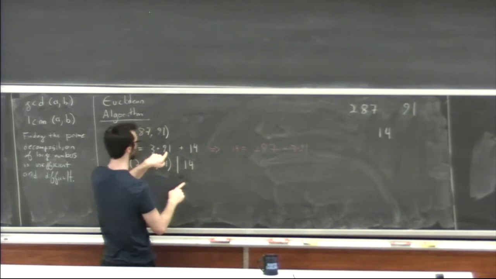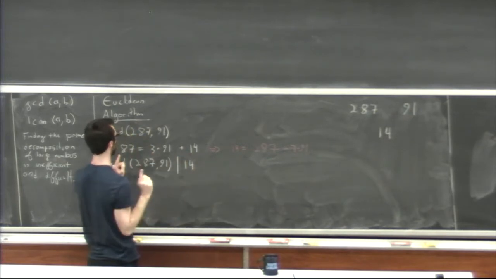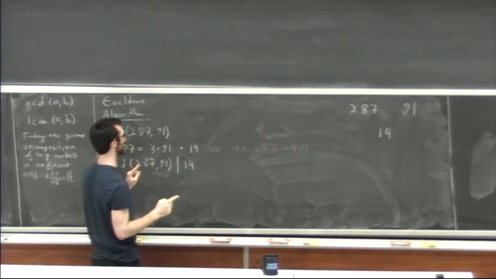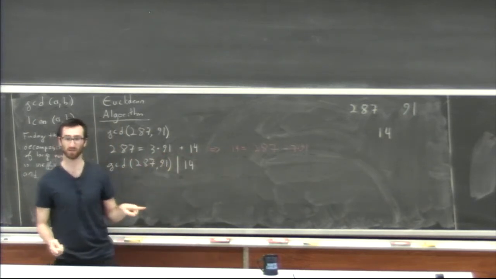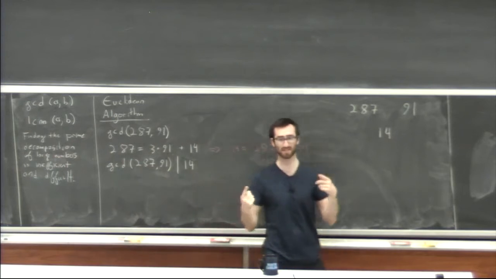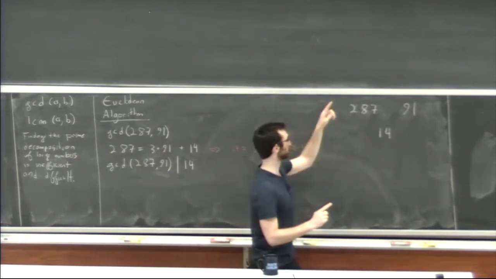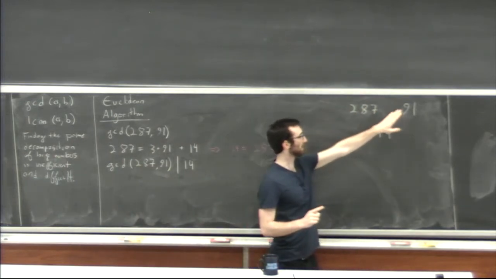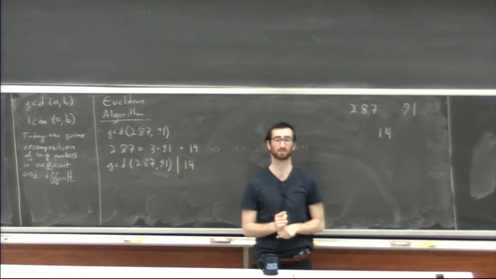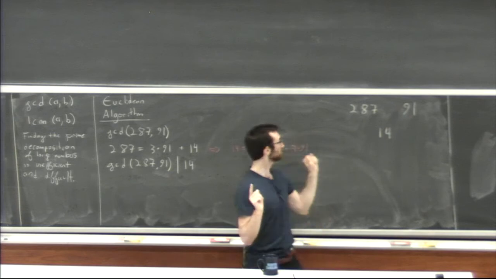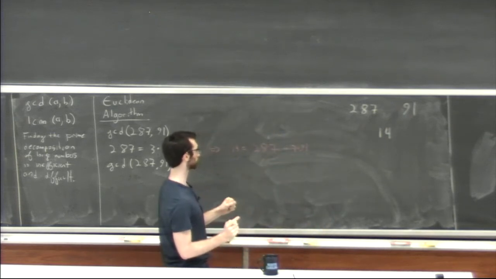Any number that divides 91 and 14 has to divide 287. And any number that divides 14 and 287 has to divide 91. So even though we thought of our GCD as being between two numbers, all I need to care about is any pair of this triple of numbers. That's already a cool statement.